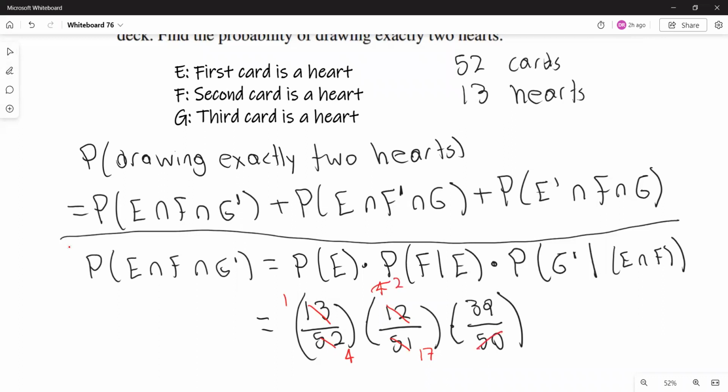Also that 2 and that 4, so that's 2. Okay, so what do we have? We have 39, and then 2 times 17 is 34. 34 times 25 is going to be 850. And that's a 39.